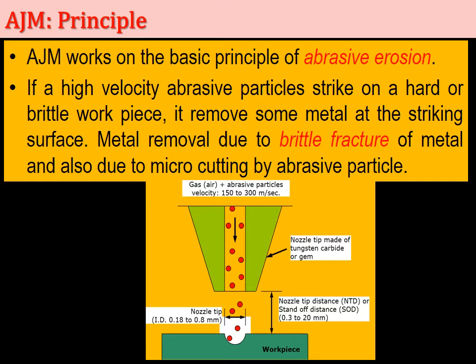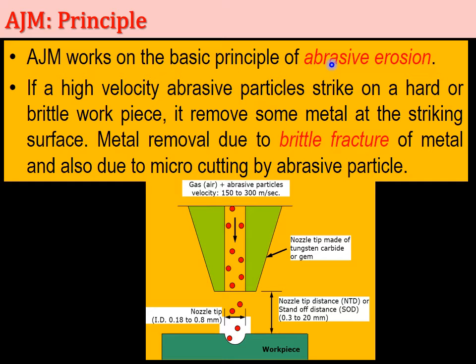Thus, it works on the basic principle of abrasive erosion. The method of removing material is called abrasive erosion, not simply like a single point cutting tool removing the material in the form of chips.